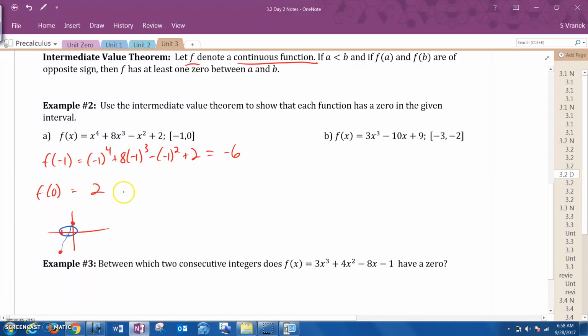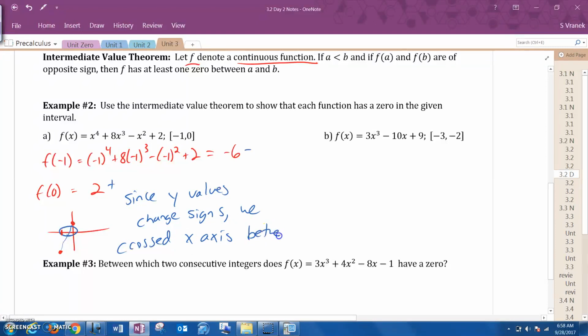So we would say, since y values change signs, because this was negative, this was positive, we crossed the x-axis between x equals -1 and x equals 0. This only works for continuous functions, but that's all we're going to be dealing with, so that is an assumed thing for these problems today.